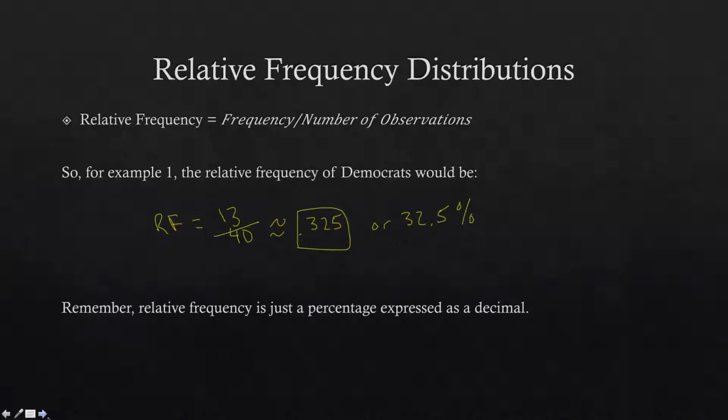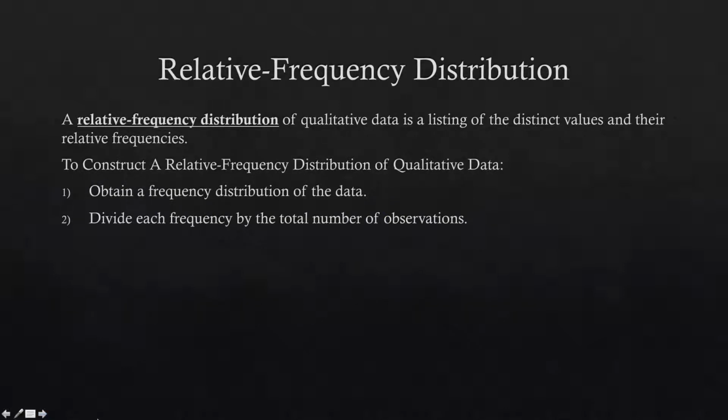All right, so we can go along with what our book says. A relative frequency distribution of qualitative data is a listing of the distinct values and their relative frequencies. To construct a relative frequency distribution table, we construct a frequency distribution table just like we did, but the only difference is we divide the frequencies by the total observations.